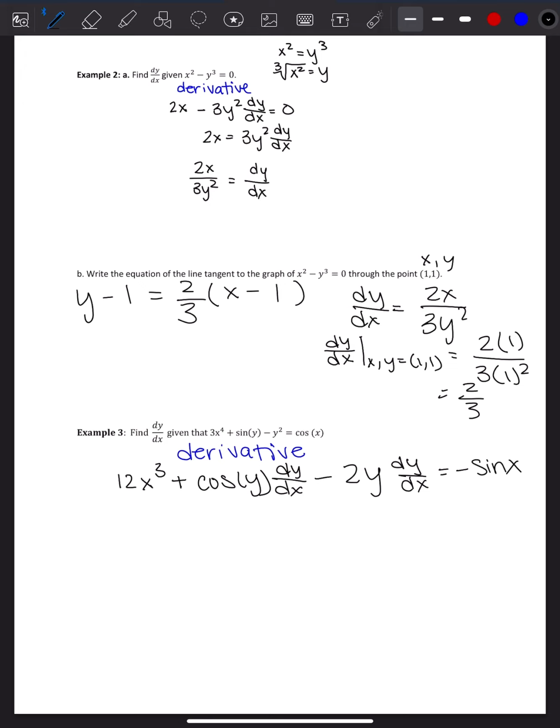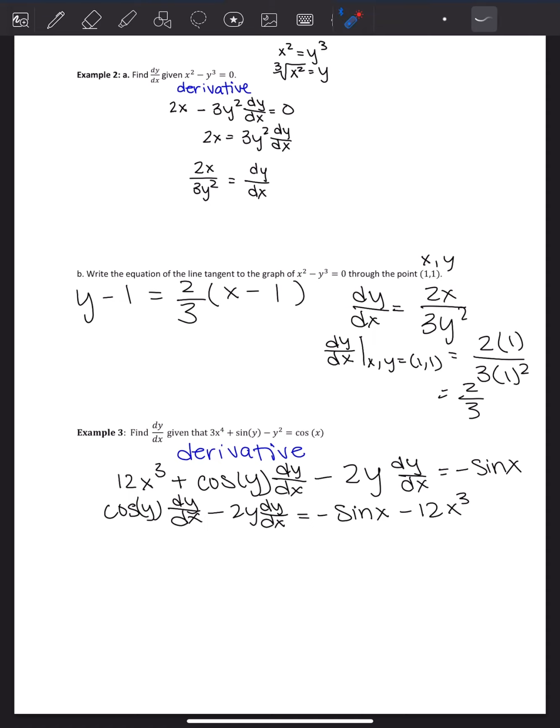Okay, so we are going to move anything that doesn't have a dy over dx over to the other side. We want our dy over dx's to be on one side, everything else on the other. In this case, we're going to subtract 12x cubed from both sides to get cosine y dy over dx minus 2y dy over dx equaling negative sine x minus 12x cubed.